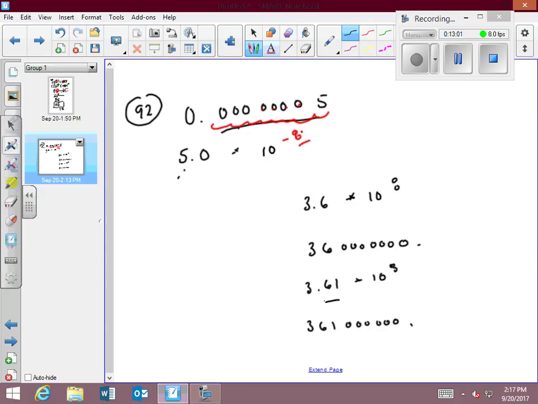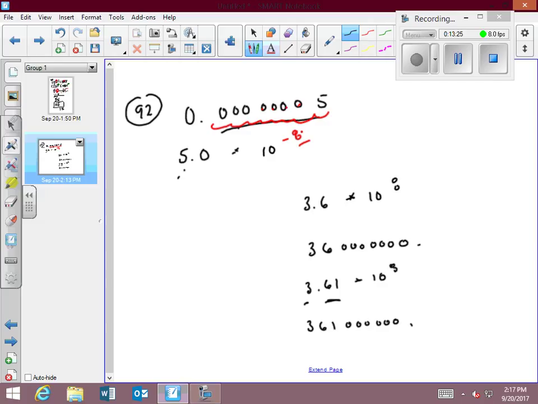Because, see, you have 2 digits to the left, not 1. But you will always, in scientific notation, have 1 digit to the left. So you can always do the 1 less than the exponent moving it left, but you cannot always count the zeros. You understand what I'm saying?